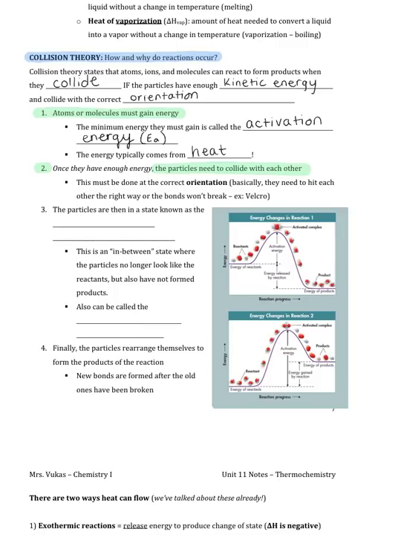The third part says that once the particles collide at the correct orientation and have that energy, they hit each other the right way, then the particles are in a state known as the transition state. The transition state is this weird in-between state where they're no longer reactants. They've collided with one another, but they haven't yet broken apart into the products.